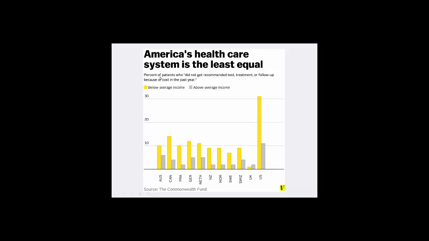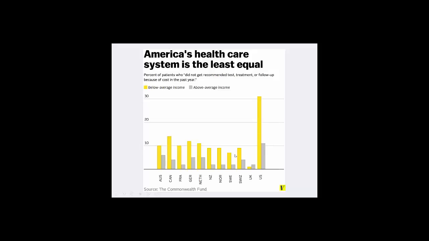In this system here, we looked at the percent of patients who did not get recommended tests, treatment, or follow-up because of costs in the past year. If you're from a below average income, that number skyrockets to over 30%. If you're, on the other hand, from an above average income family, then it's just north of 10%. That means a threefold increase depending on your income level.